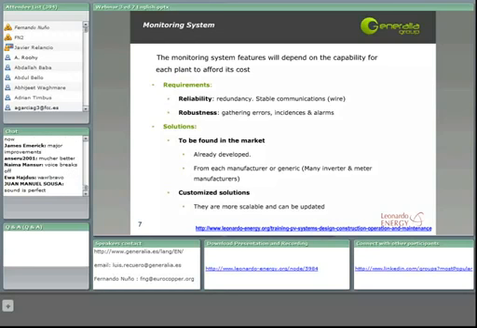But normally when we have to select a commercial solution, we have to take care that the solution is compatible with the different manufacturers of all the elements in our PV facility, and sometimes that might be quite difficult. So we have to choose a customized solution where we can decide which elements we want to monitor, and it might be more scalable and it can be updated by our software developers once that we install any new device in the plant.